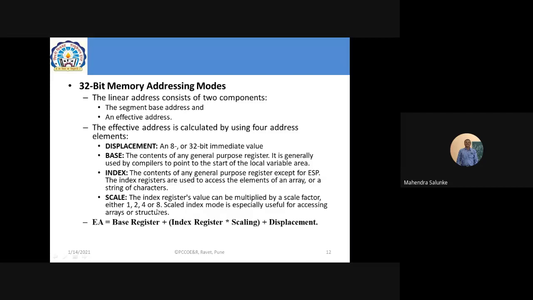But when it comes to assembly code, depending on the array element size, if you want to access the next element, you have to use the scale factor. This scaling factor is to be used along with the array. Now if your array is of word size, that means each element occupies 2 bytes in memory.